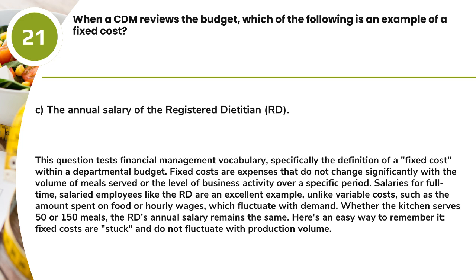Salaries for full-time, salaried employees like the RD are an excellent example, unlike variable costs, such as the amount spent on food or hourly wages, which fluctuate with demand. Whether the kitchen serves 50 or 150 meals, the RD's annual salary remains the same. Here's an easy way to remember it. Fixed costs are stuck and do not fluctuate with production volume.